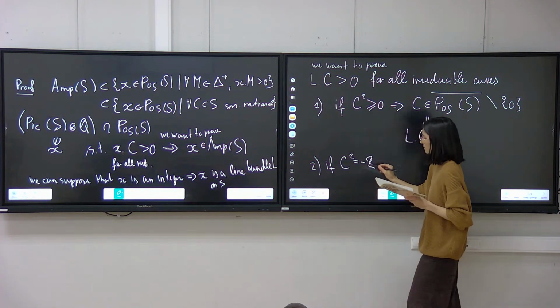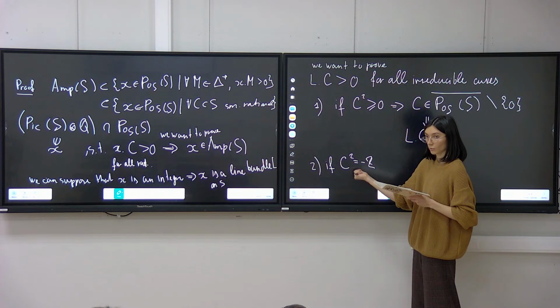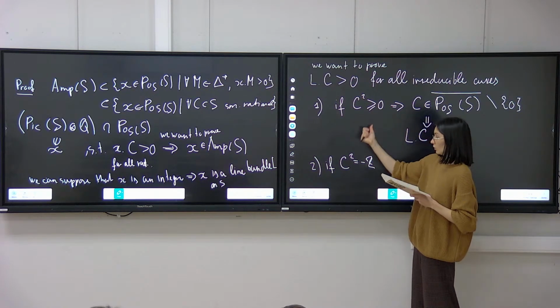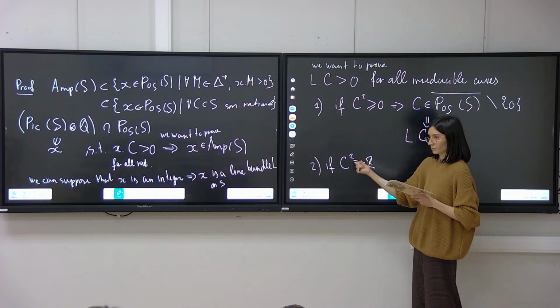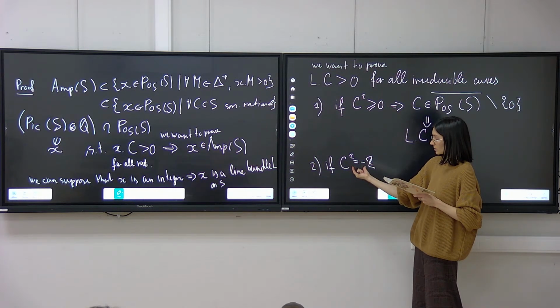So we have already discussed several lectures ago that for an integral curve, from Riemann-Roch, its self-intersection is greater or equal to -2, and it's always even. So if it's not positive, then the self-intersection of C is -2.